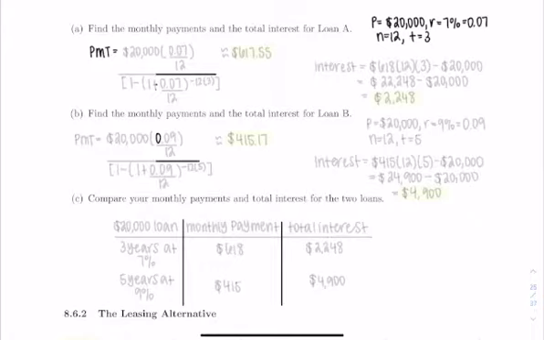So plugging this into the formula, we have $20,000 times 0.07 divided by 12, and this whole thing is divided by 1 minus (1 plus 0.07 over 12) raised to the negative 12 times 3.